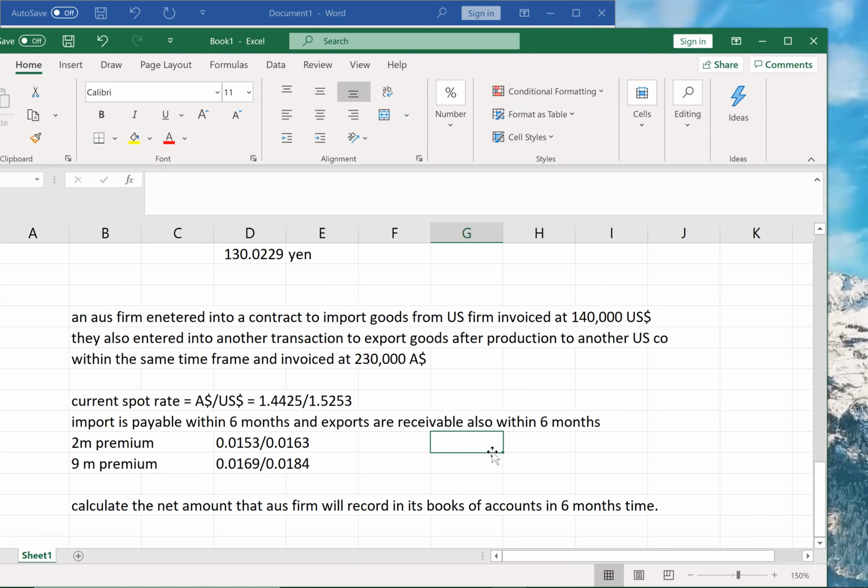I want the net amount that the Australian firm will record in 6 months' time. I want the answer in Australian dollars.